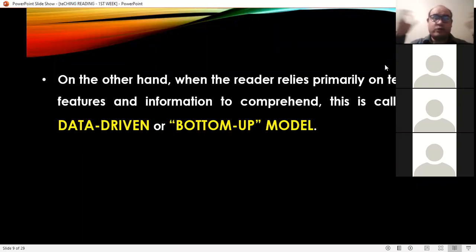No, you are not going to use your schemata, all right? Now what are you going to use? The textual features and information to comprehend. Yeah, so you're going to use the written text, the language features in the text, in order to comprehend this text. We call this data-driven or bottom-up model.